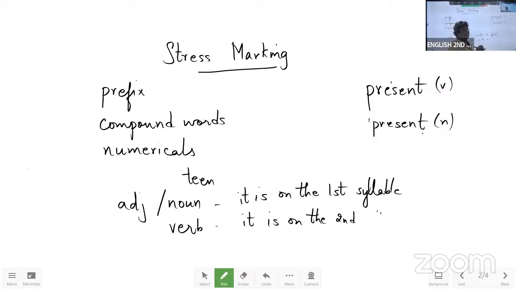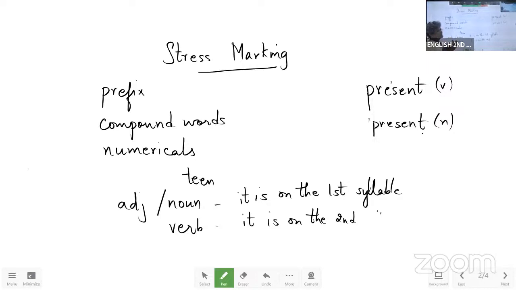Like bookshelf, postman, post box, it's always on the first. But myself, however, themselves, it's on the second syllable. Yet you have soft-spoken, short-sighted, which is a compound word and it's on the second syllable. There's no rule signifying why it is on the second syllable. So that is why we call it unpredictable.